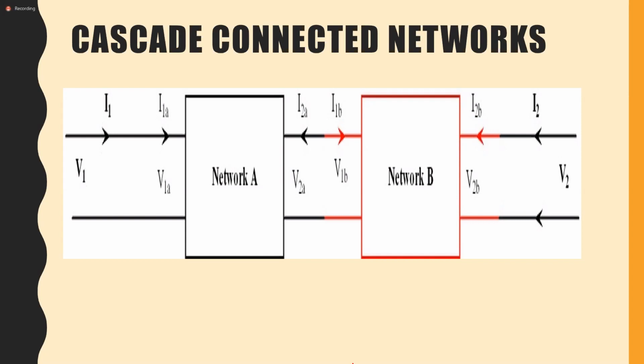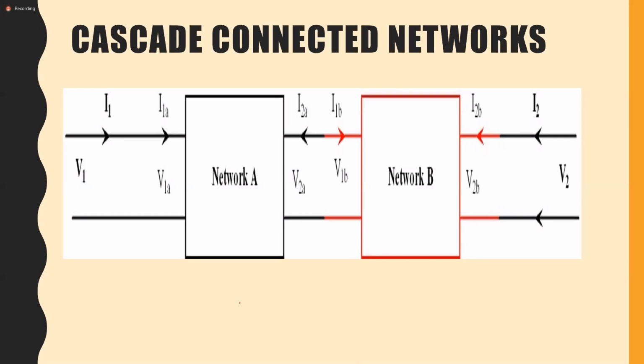Now, I must confess that the analysis on this one is not as simple as the other two, but in the end, you will appreciate the summary statement. So for cascade, a couple of things.